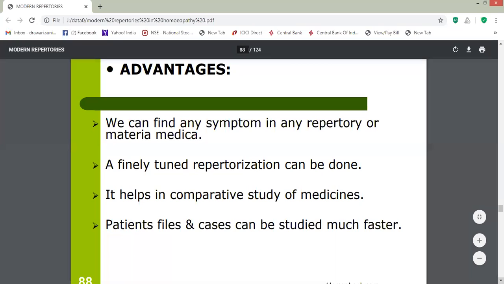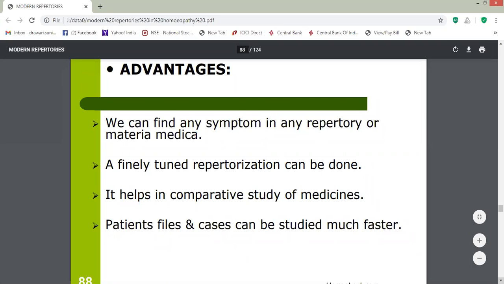Then, finding rare symptoms in difficult cases. One can scan the entire literature for the occurrence of any rare symptom in the text, which is usually not listed in the repertory.